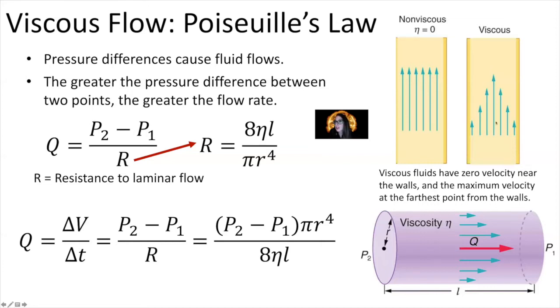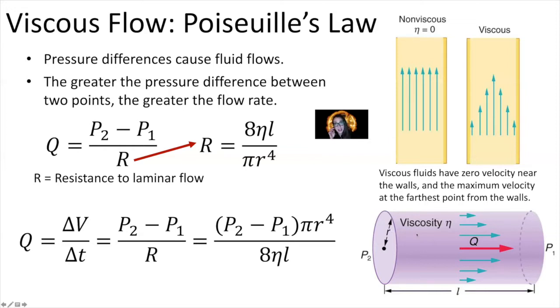But if we have a viscous fluid over here, viscous fluids inside a tube have zero velocity near the walls, and they reach their maximum velocity at their furthest point from the walls, which would be inside this fluid right here. And this flow rate inside the tube through which this viscous fluid is moving is dependent on the change in pressure between one end of the tube and the other.